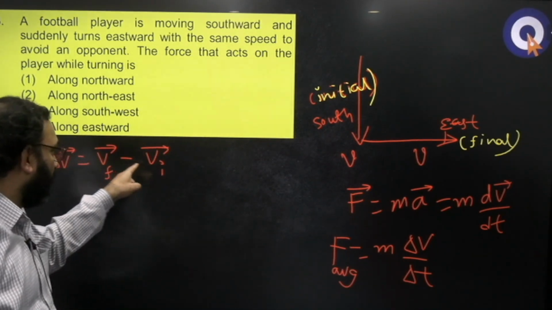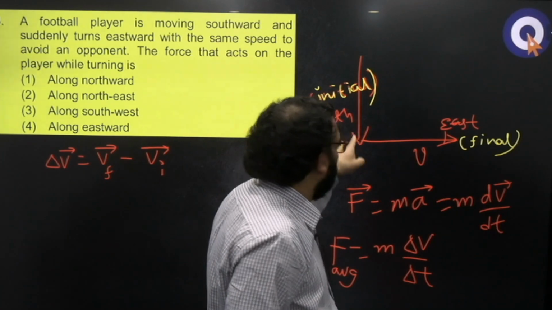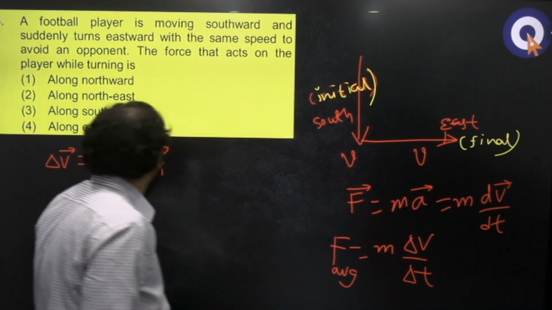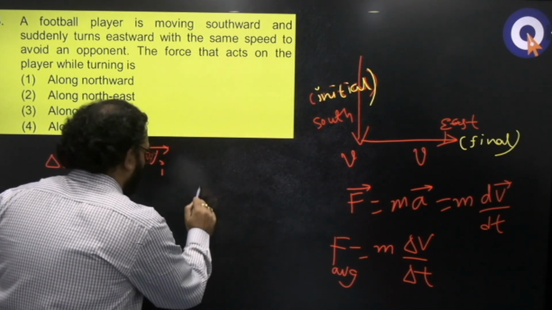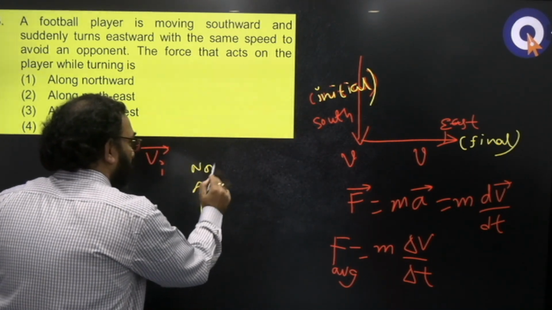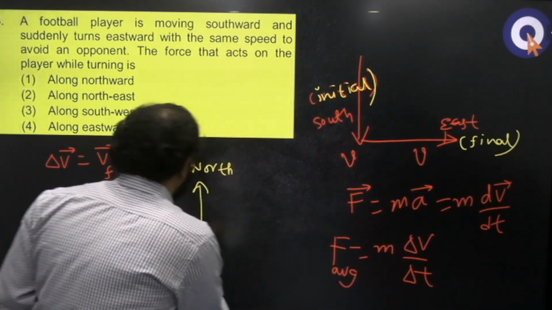Now negative of initial velocity: the initial velocity is south, and negative means opposite. So the opposite of south is north. Next, the final velocity is nothing but east. So this is east.